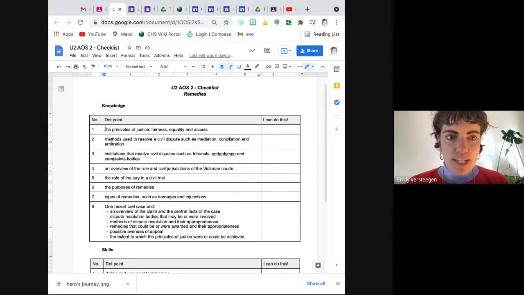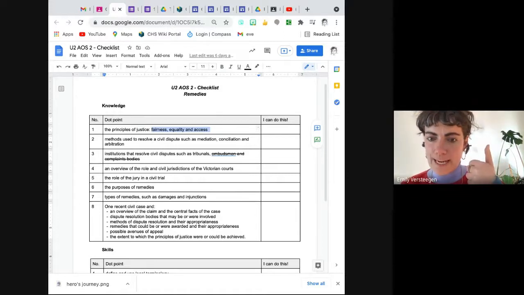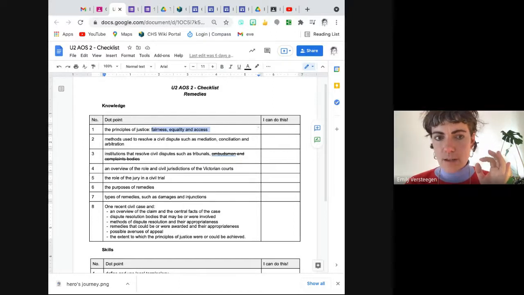So the first dot point is a broad one: the principles of justice, fairness, equality, and access. Basically, you need to know what they mean, but you also need to know what they mean specifically in a civil law context, okay? So we know fairness is about processes and procedures, making sure things are unbiased and fair.